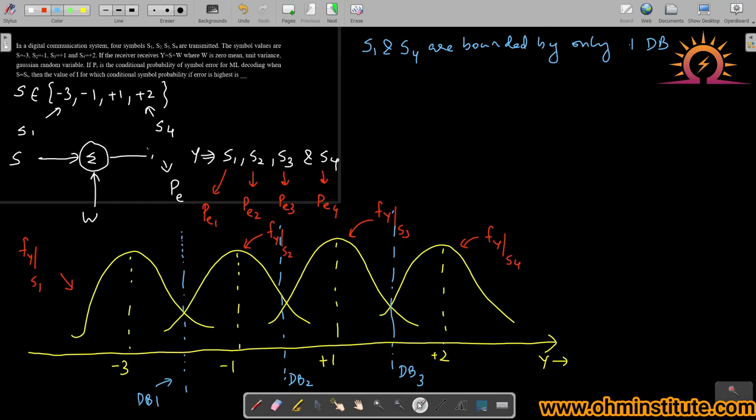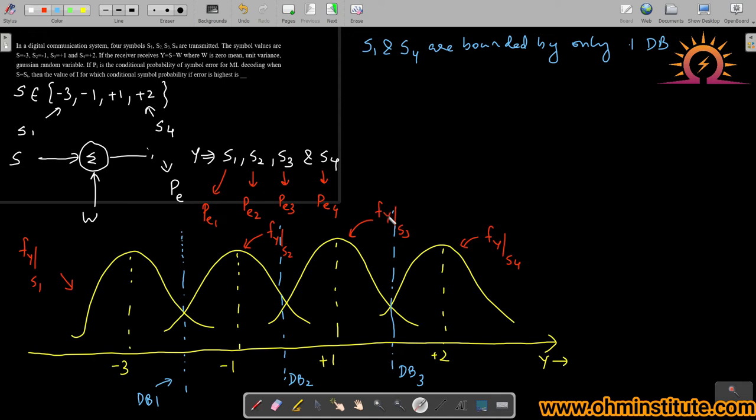However, now take into account the cases of -1 and +1. -1 and +1 are bounded by two decision boundaries. For example, -1 is bounded by this decision boundary as well as decision boundary 2. Similarly, +1 is bounded by decision boundary 2 as well as decision boundary 3.